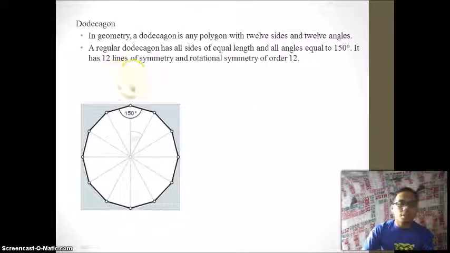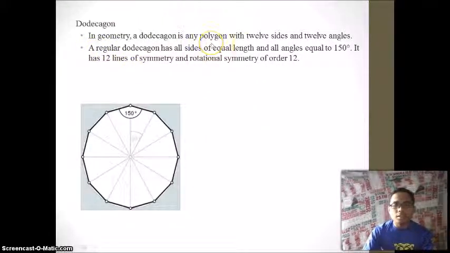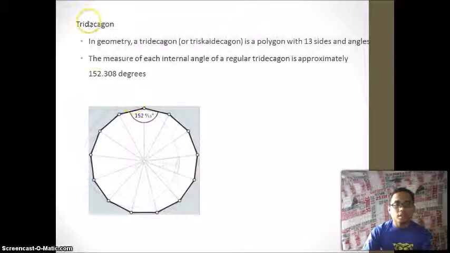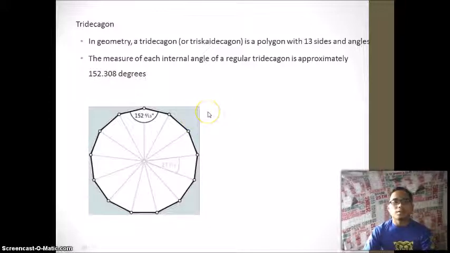Next is the dodecagon. In geometry, the dodecagon is a polygon with 12 sides. You can see each angle is 150 degrees. Okay. Next is the tridecagon. The tridecagon has 13 sides, and each angle is 152.308 degrees.